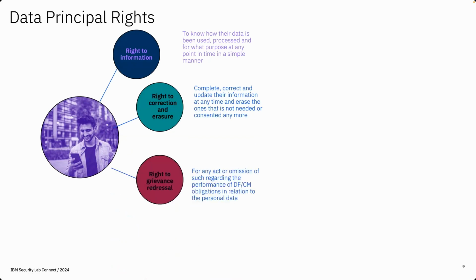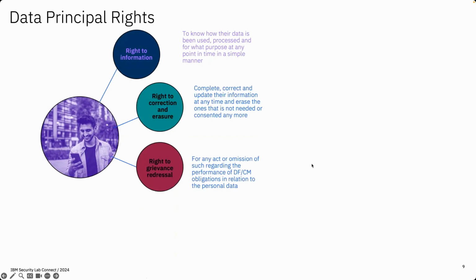The first one is the right to information. As an individual, people need to know how their data is processed, stored, and used at any point of time. Then if the data is found to be incorrect, there should be an easy way to correct it. So that's your right to correction and erasure.